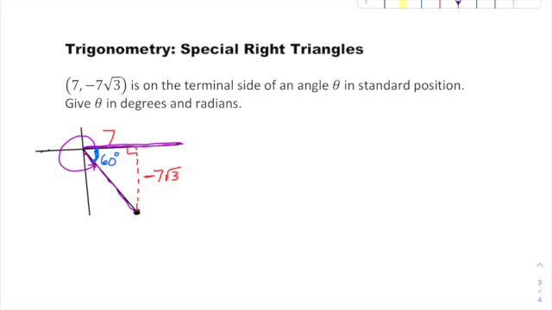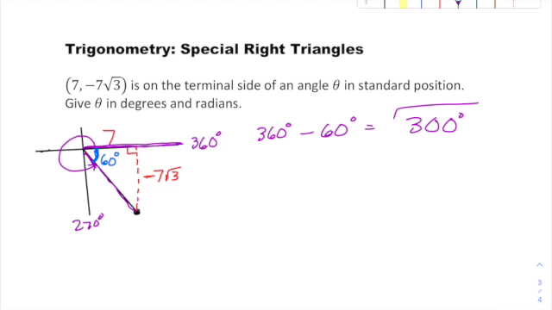So going all the way around the circle to quadrant 4, it's going to be something between 270 and 360, right? 270 is down here. And so you are 60 degrees shy of being 360, right? So 360 minus 60 is going to give you 300 degrees.